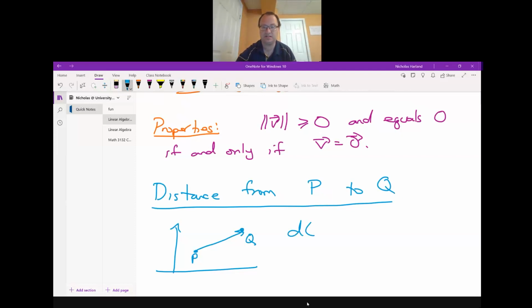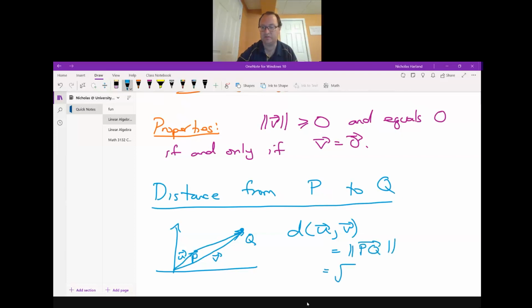So the distance from, let's say, U to V, so if we called this thing U, we called this one V, the distance from U to V would be the length of PQ.